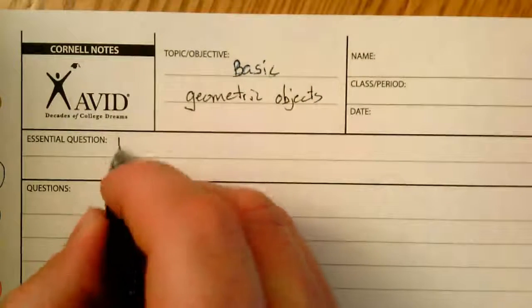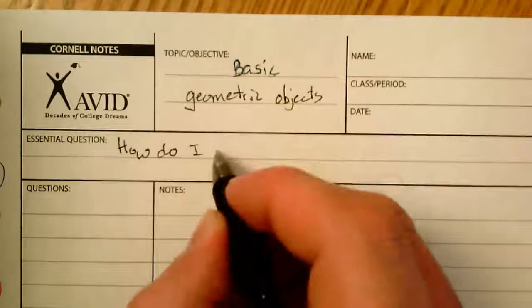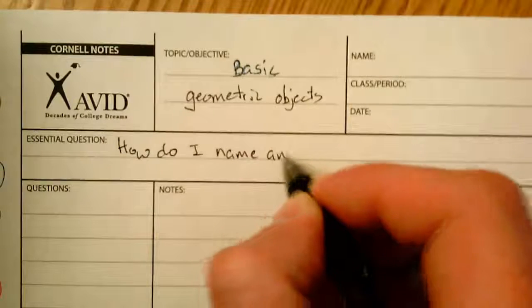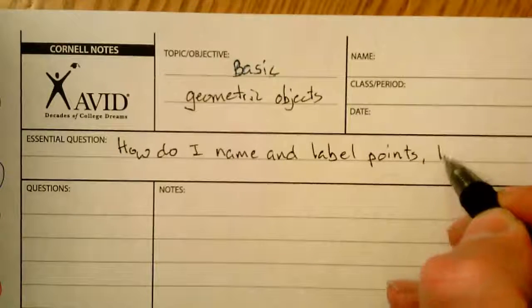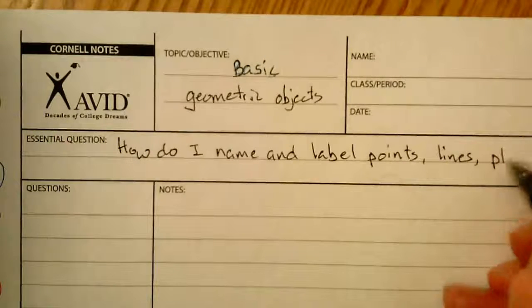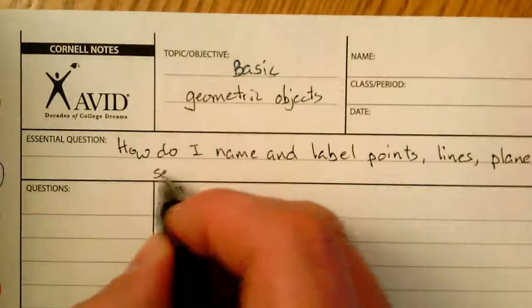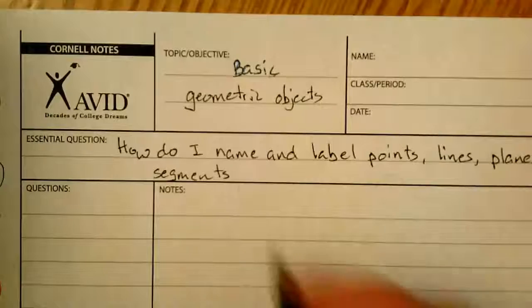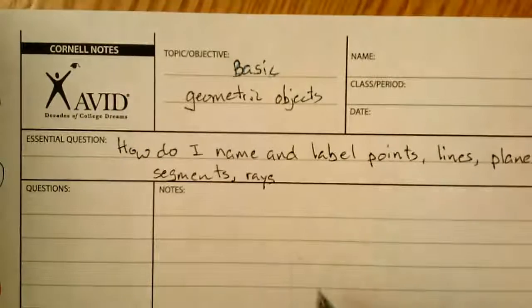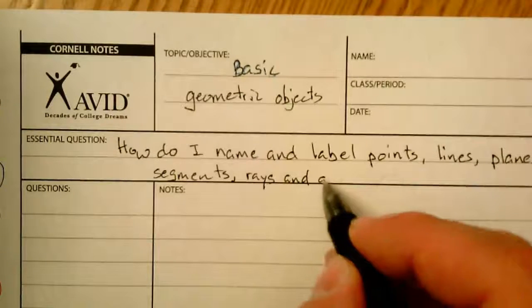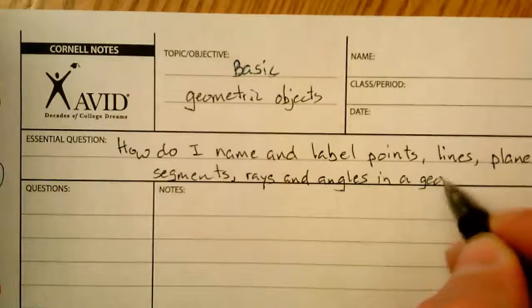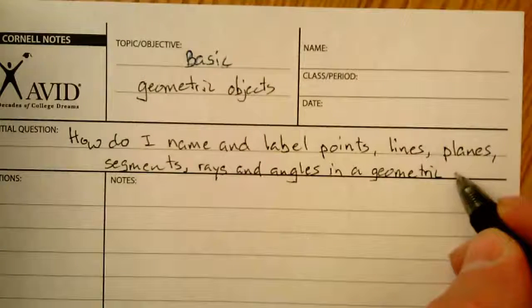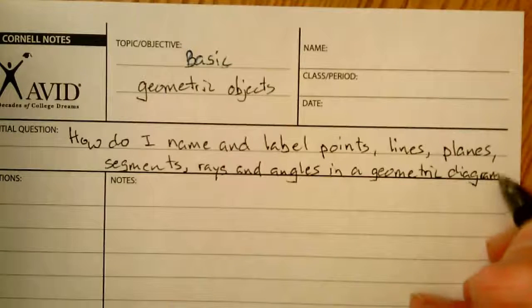Our essential question is, how do I name and label points, lines, planes, segments, rays, and angles in a geometric diagram?